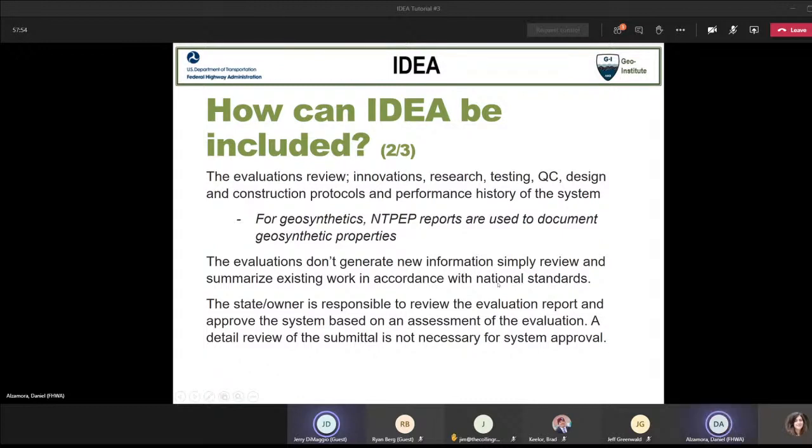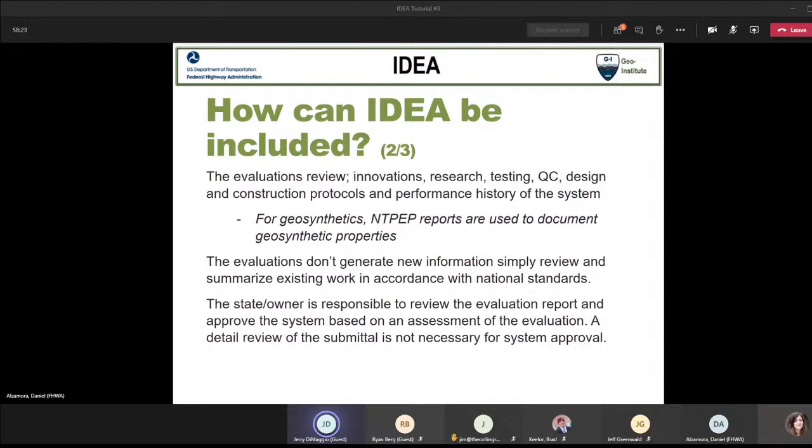If the submittals sometimes are not totally cooked and gelled correctly in accordance with the expectation that might be required by a state, we're giving that information back to the supplier and providing opportunities, sometimes multiple opportunities. The state or the owner is still responsible to review the evaluation report and to approve the system based on the assessment of the evaluation.